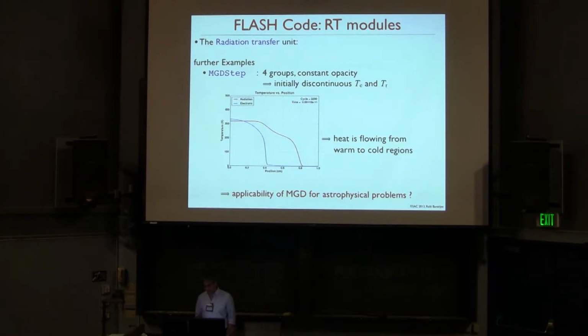So this is essentially a warning, but I think it is actually for the Flash code a quite good starting point. And if one gets a handle to improve this and adapt it, in particular for astrophysical problems, that might be a good way to include radiation into our simulations.